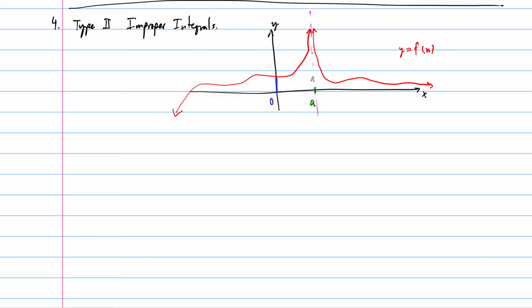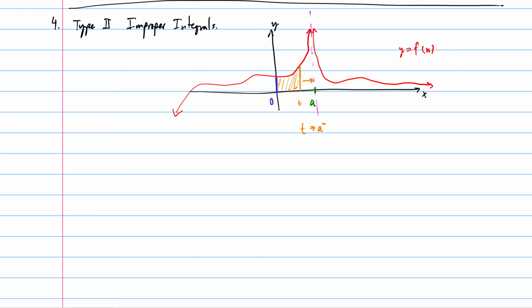If the function is well behaved up until that point, then what we have to do is take your t, and then push t toward a. But this time t has to approach a from the left, because it has to stay within the domain where the function is well behaved.